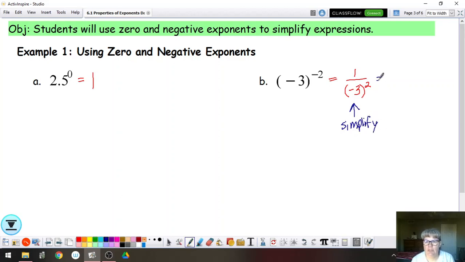If the directions say to evaluate, then we actually find the value. Negative 3 squared. Now keep in mind you're doing negative 3 times negative 3. So a negative times a negative is positive. That becomes 1 over 9. This is my answer when the directions say to evaluate.